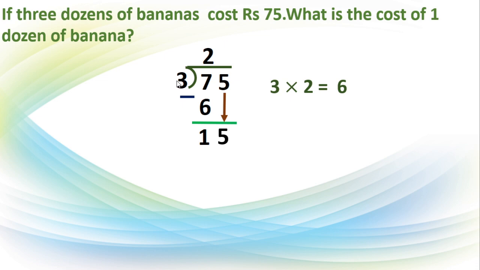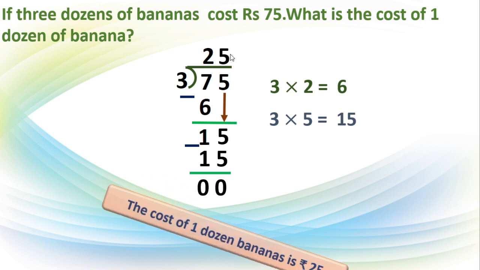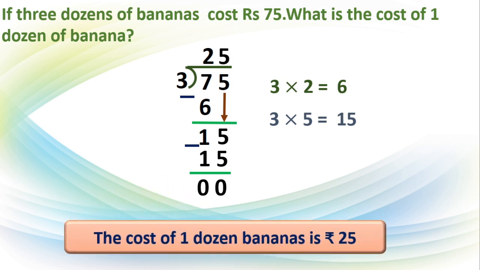Now again we will go for the 3 table. That is 3 5s are 15. You know that? Correct? So we will write 5 beside 2. And here we will write 15. Now 15 minus 15 is nothing but 0. Come on dear children, tell me what is the cost of 1 dozen bananas? Yes, that is rupees 25. Correct? Got this? The quotient is nothing but the answer.